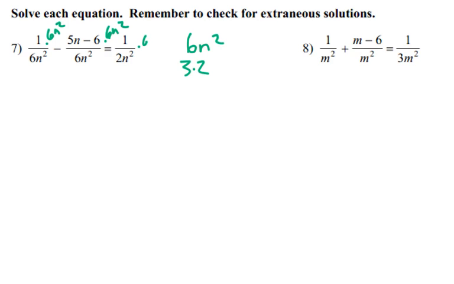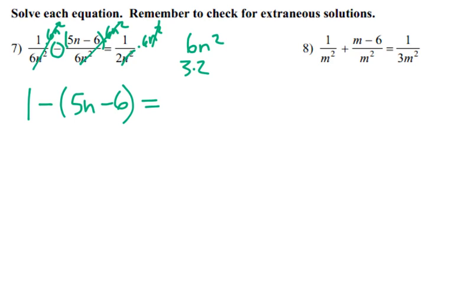Those cancel completely, leaving 1. Those cancel completely, leaving minus. Now, because this minus is in front of this fraction, it's going to be applied to the whole thing, so put it in parentheses. Equals, the n squareds cancel, 6 is like 3 times 2, so the 2's cancel, so you're left with 3 times 1, or 3.